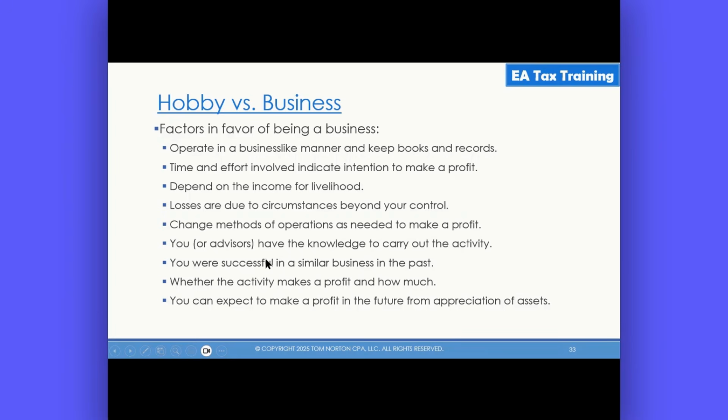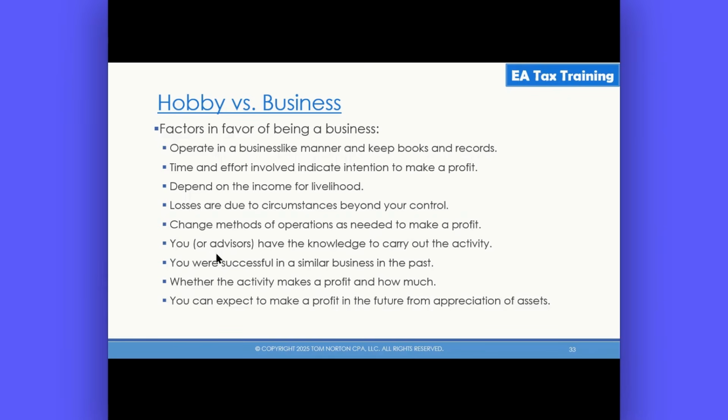Next, you or your advisors have the knowledge to carry out the activity. So, is this something that your life experience and education has prepared you to do? Then that would show that it's more likely to be a business. Also, if you were successful in a similar business in the past, then that would show that this activity is also likely to be a business. Whether the activity makes a profit and how much profit it makes can be one of the factors.